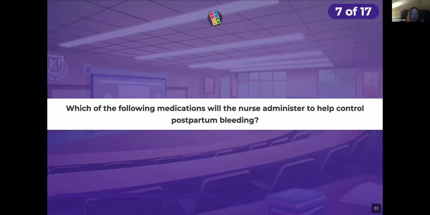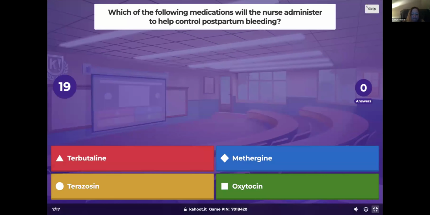Which of the following medications will the nurse administer to help control postpartum bleeding? Terbutaline, I don't know what that is, methadone, oxytocin.